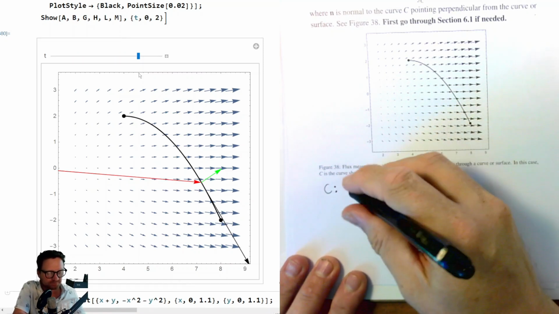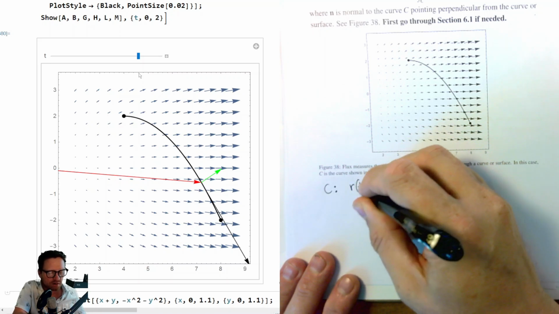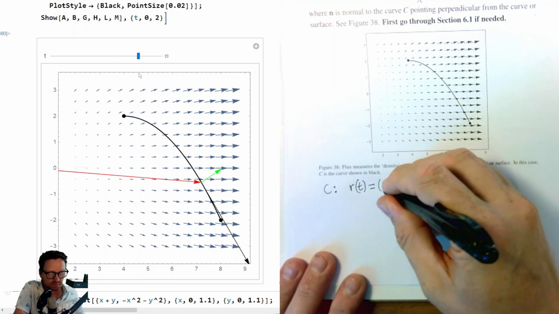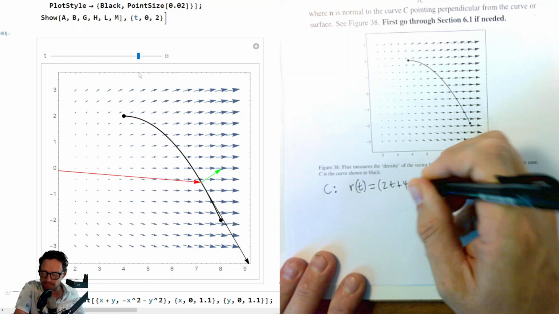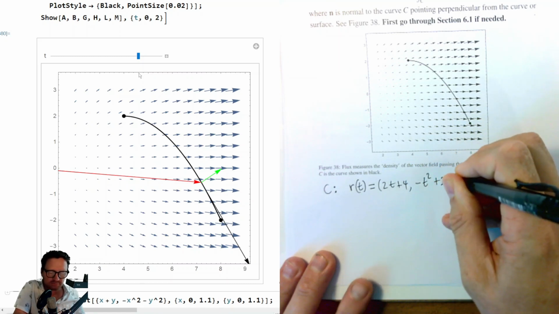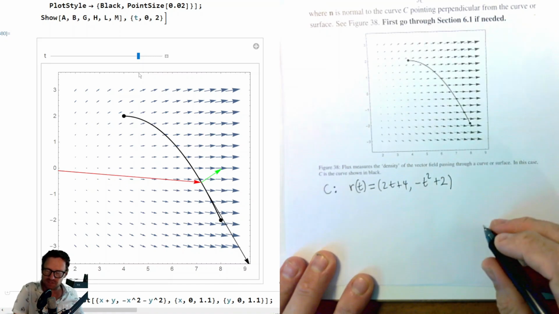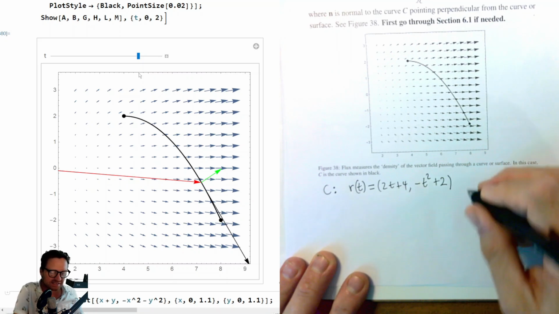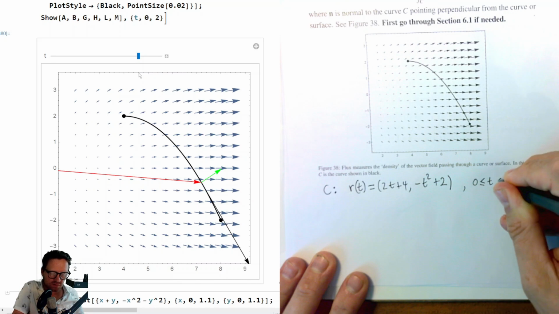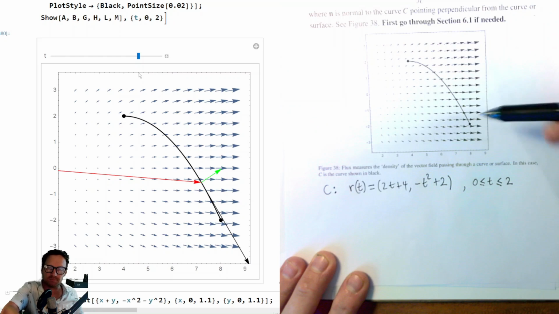C is the curve consisting of the vector r of t, which is equal to 2t plus 4, minus t squared plus 2. Okay, now there is a curve here in the xy plane as well, right? And this is as t goes from 0 to 2 in this parameterization of this little curve segment.